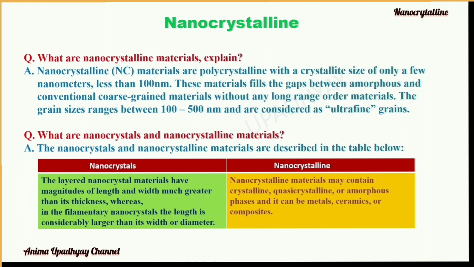What are nanocrystals and nanocrystalline materials? Explain. The nanocrystals are of two types, the layered nanocrystals and the filamentary nanocrystals. In the layered nanocrystal materials, the magnitudes of length and width are much greater than the thickness, whereas in the filamentary nanocrystals, the length is considerably larger than the width.